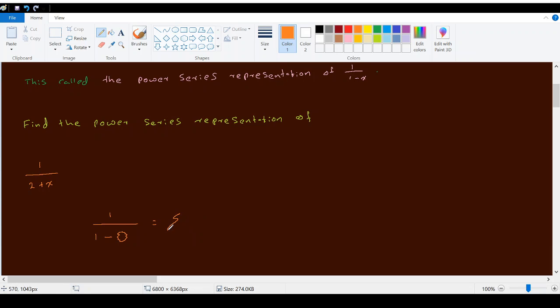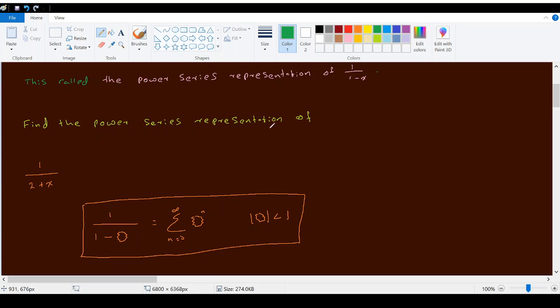this relationship: sigma of this something to the power n starting from 0, where the modulus of this term is less than 1. So this is kind of the general equation that you should have in mind.